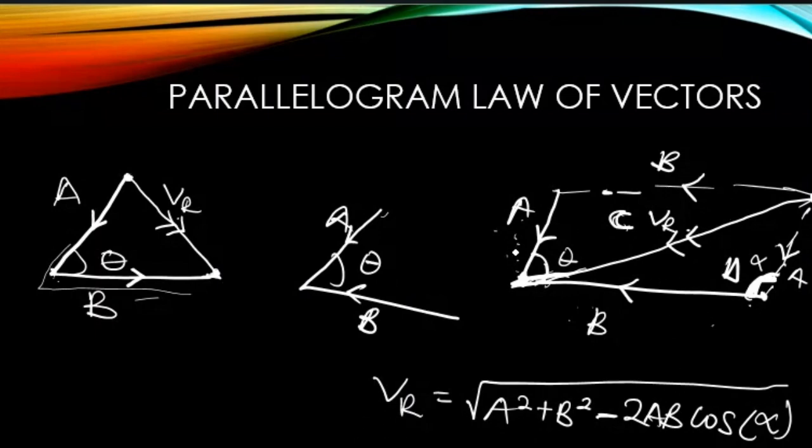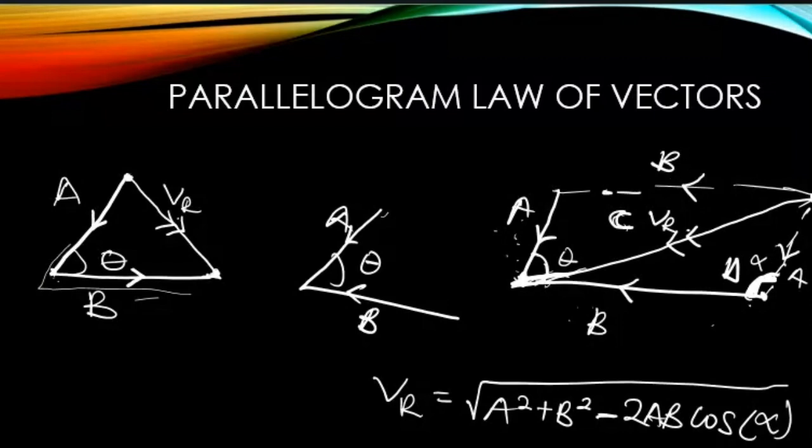There are some criteria that must be met before using the parallelogram law of vectors. The first one is that these two vectors A and B must be inclined at an angle. Secondly, the direction of the two vectors must be such that they are either both coming towards the same point or both moving away from that point.